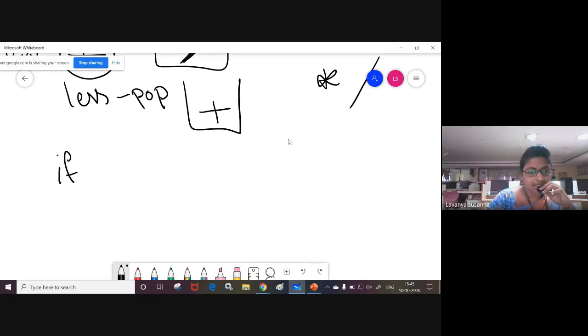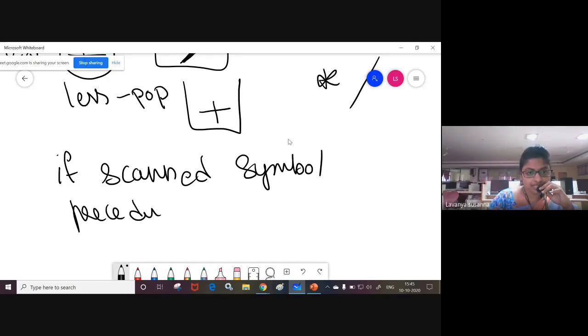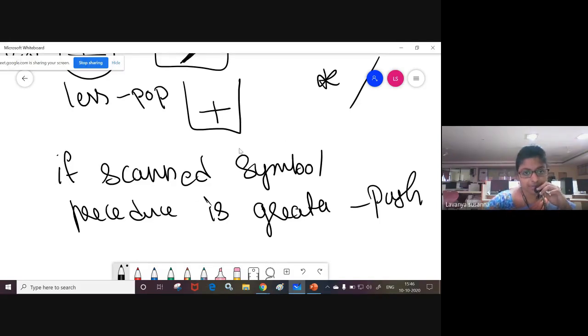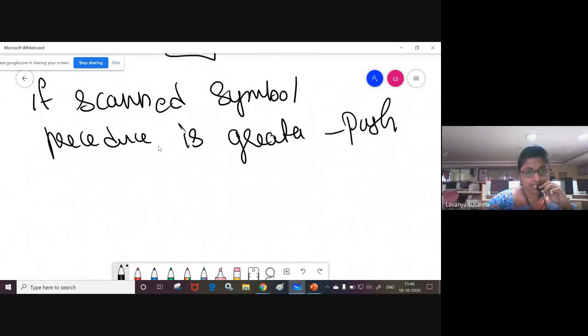Now next. If the scanned symbol precedence is greater, what do you need to do? Greater means push the symbol onto the stack. Once again, if the scanned symbol precedence is greater than the precedence of the operator at the topmost element of the stack, you need to push the scanned symbol.